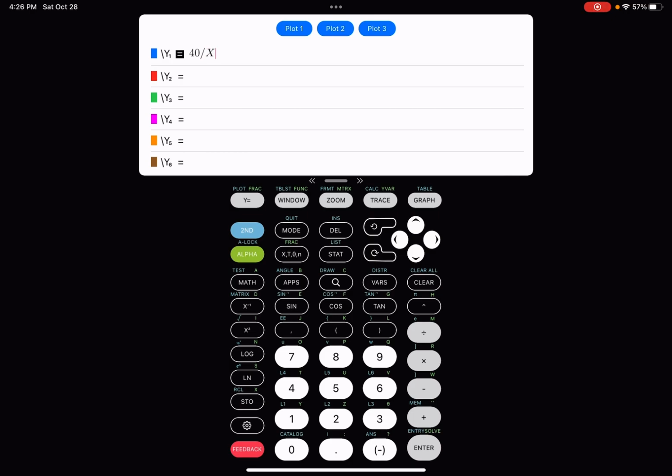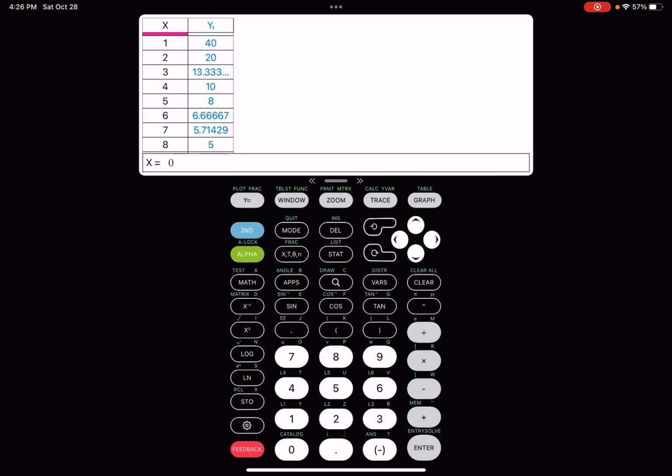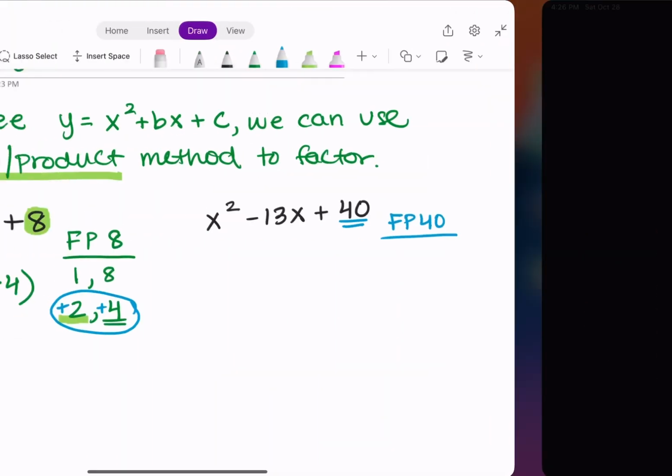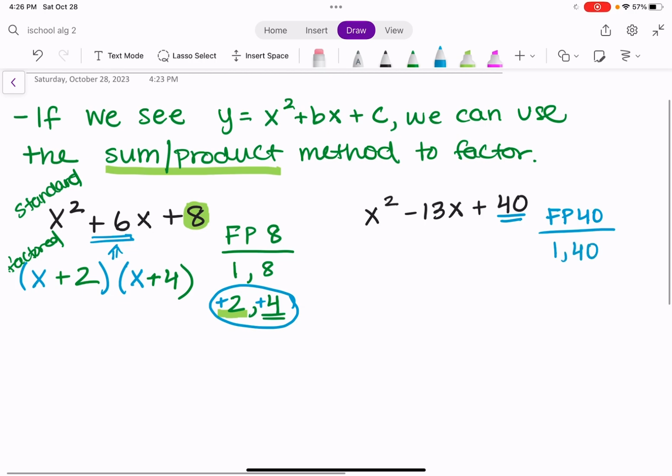So whatever the number is divided by x. If you do that and then you go to the table, you will actually see all the factor pairs, right? So 1 and 40, 2 and 20, 4 and 10, 5 and 8, and then they just start again, 8 and 5, etc. So you can then write down these factor pairs.